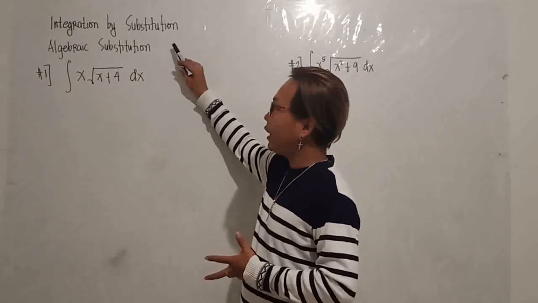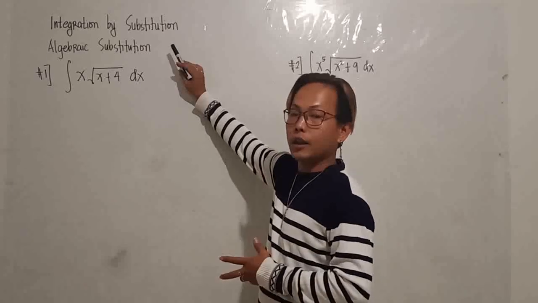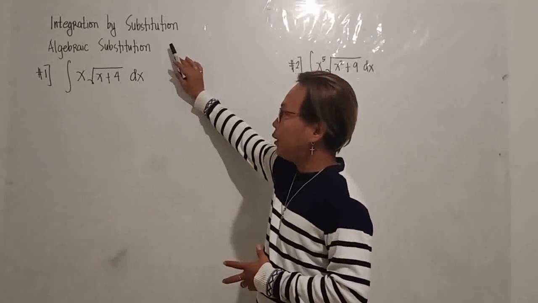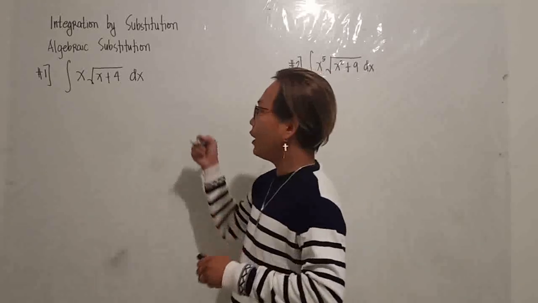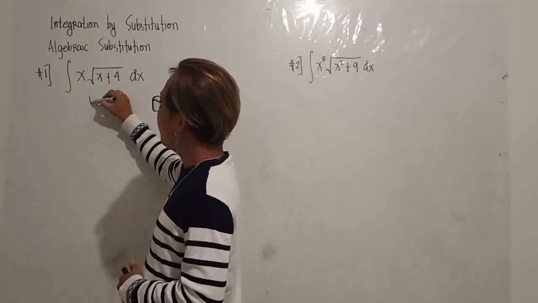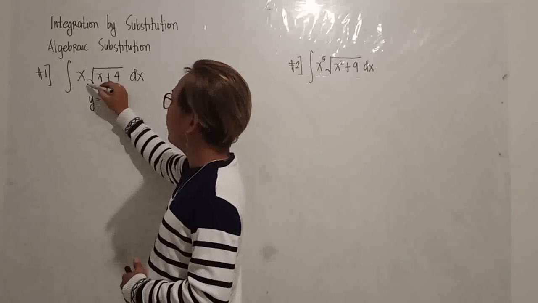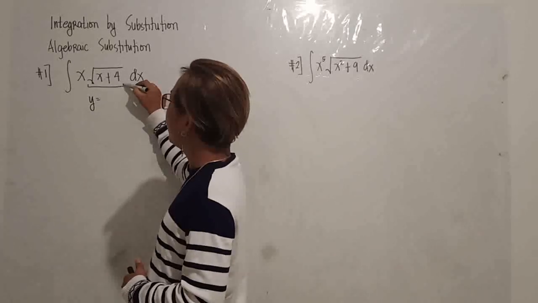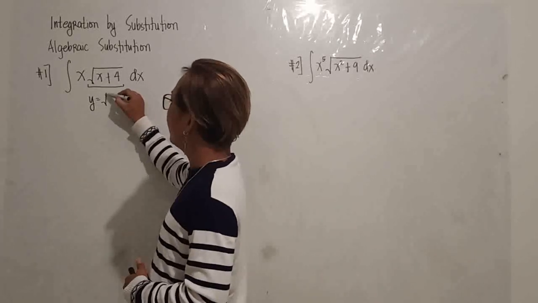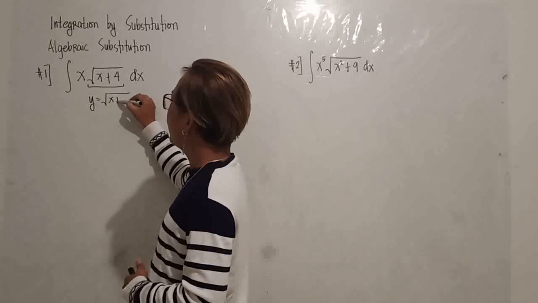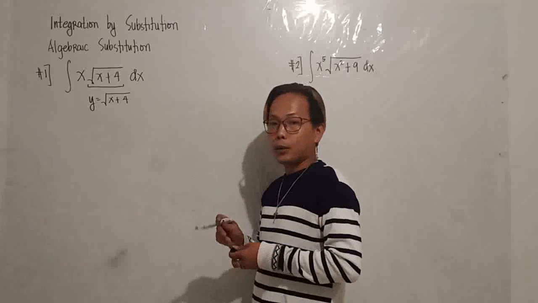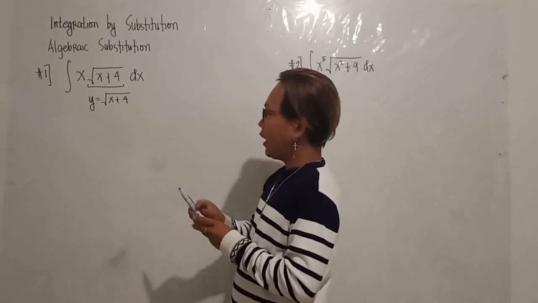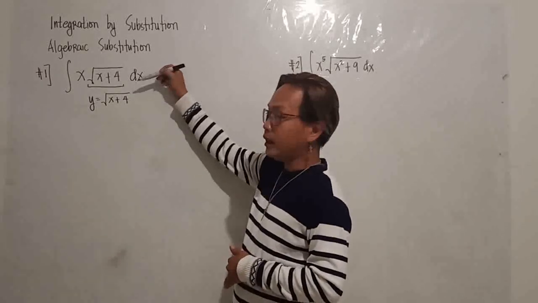Then kapag algebraic substitution, you will use another variable to substitute dun sa isang function. So for example, you will use y, then the one that you are going to substitute is the square root of x plus 4. Your target is to simplify, so dapat mawala si square root.